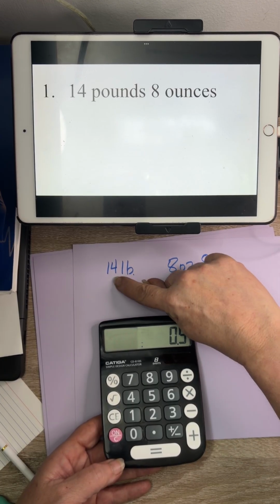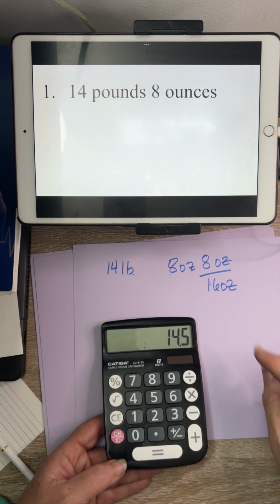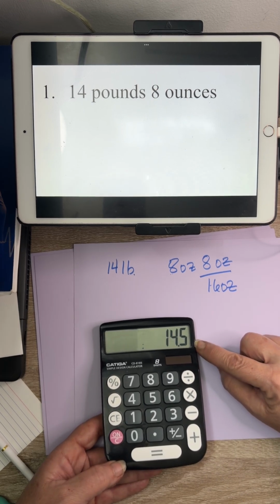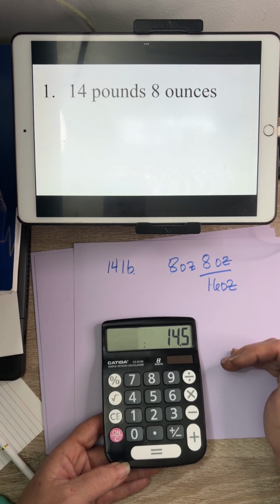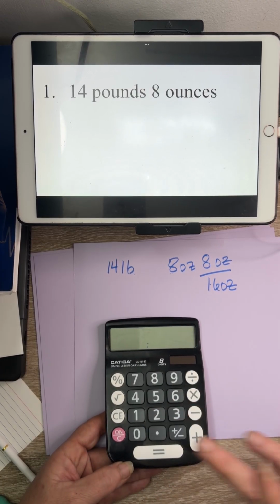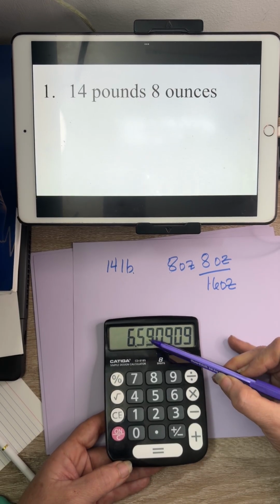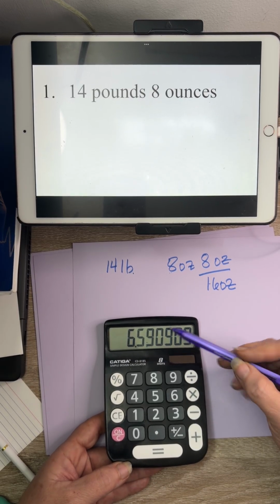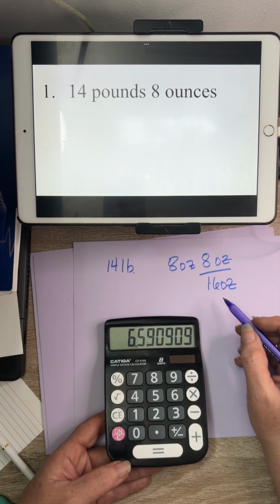And so we're going to grab these pounds and do plus 14. So now we have 14.5 pounds, and we're going to convert it to kilograms. To convert it to kilograms, you divide by 2.2. We're going to round it to the tenth place, unless your teacher gives you directions otherwise.